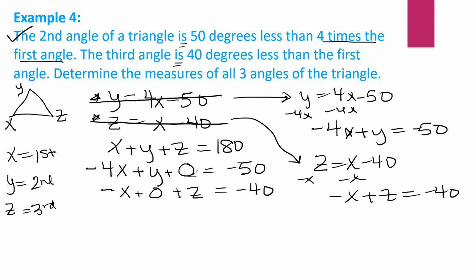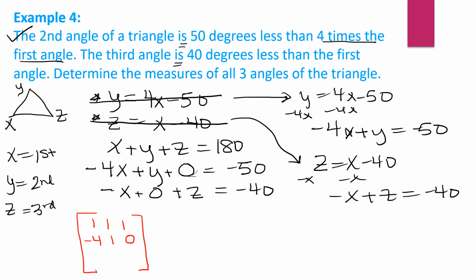I rearranged each of those equations and I can go ahead and write my matrix equation and solve. So the coefficients are 1, 1, 1 for the first equation, negative 4, 1, and 0 for the second, negative 4x plus 1y and 0 z's. Gotta have that value in there. You can have zeros, it's okay.